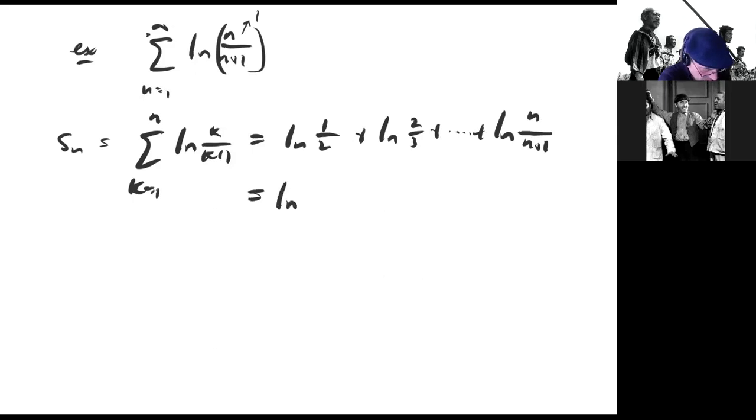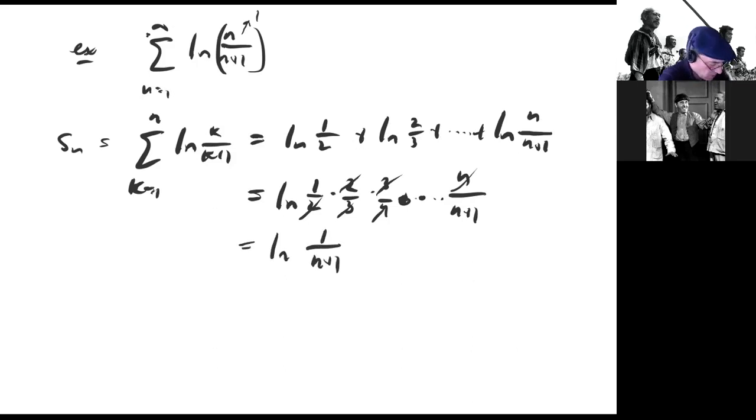So this would be ln of 1 over 2 times 2 over 3 times 3 over 4, all the way up to n over n plus 1. Notice all these terms cancel except the numerator of the leftmost term and the denominator of the rightmost term. So this would be ln of 1 over n plus 1 left over.